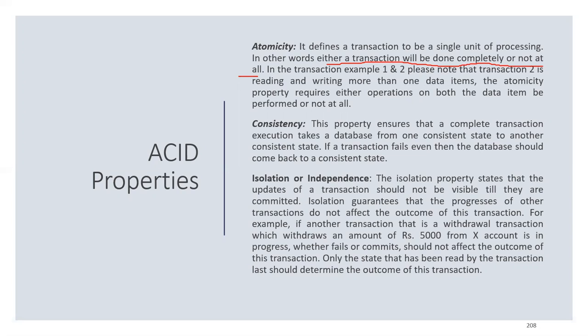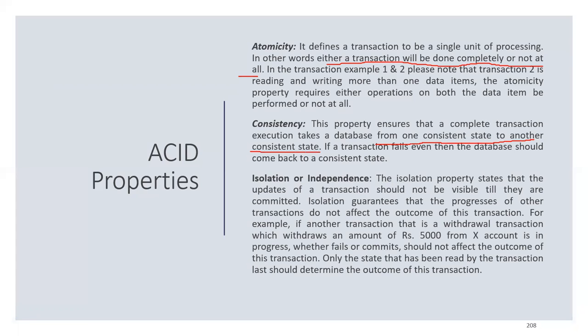And next, consistency. I already explained: the database is consistent at the beginning of the transaction and in a consistent state at the end of the transaction, but there is a change. When the transaction executes completely, it changes the database from one consistent state to another consistent state.